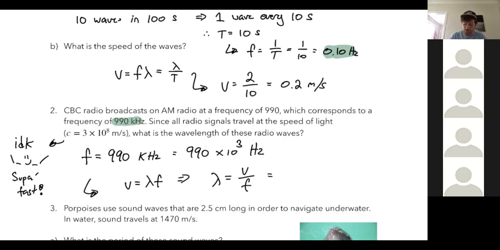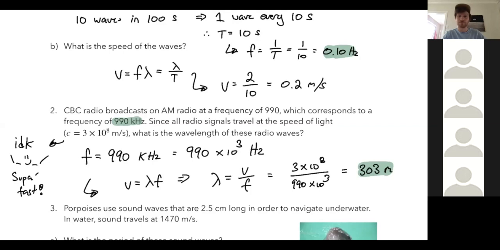Which means this is just 3 times 10 to the 8 meters per second divided by 990 times 10 to the 3. You plug and chug that, you get 303 meters. It's a wavelength, so it must be a distance, okay?